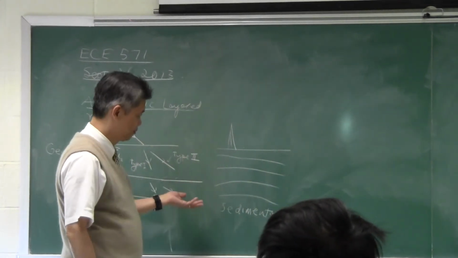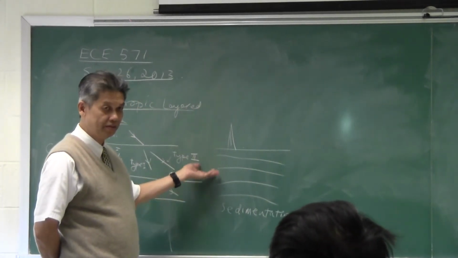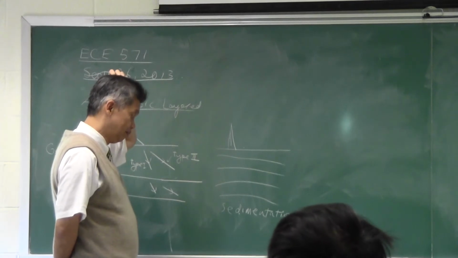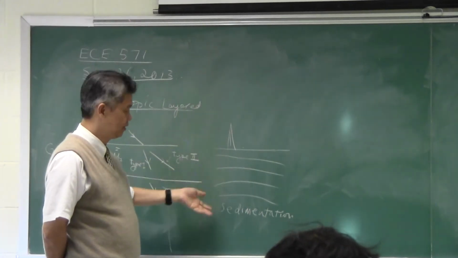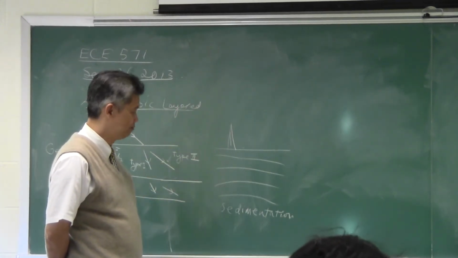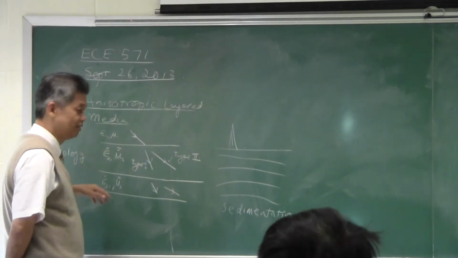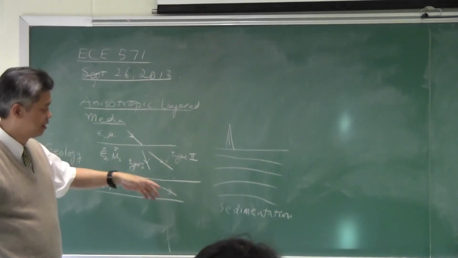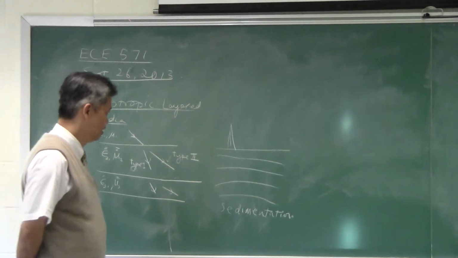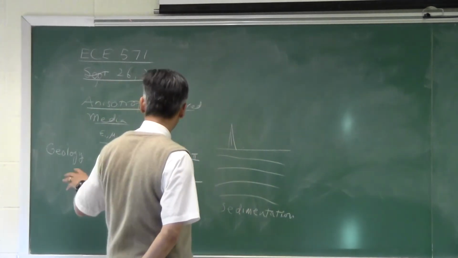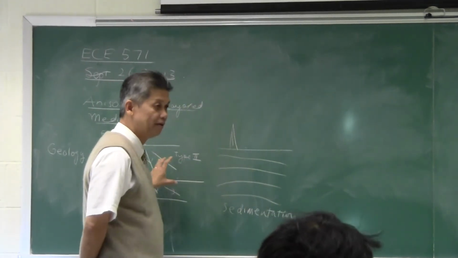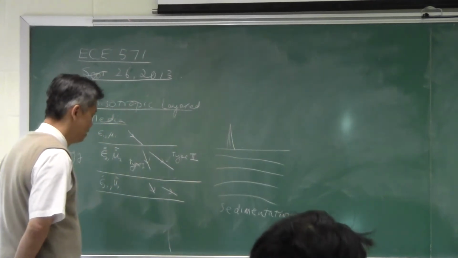Sedimentation is the deposit of materials in the earth over a millennium, millions of years, and then you have a lot of layered medium. They are actually not horizontal like what we study in the textbook. They usually kind of curve. But you can understand a lot of essential physics by studying this simpler problem of the wave through layered medium.